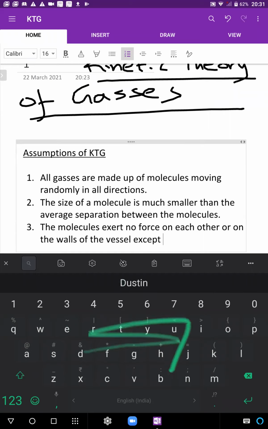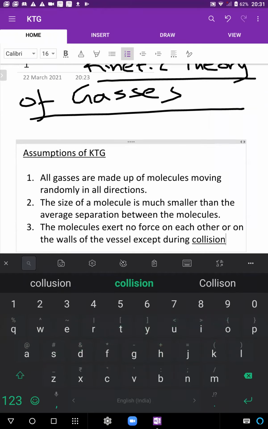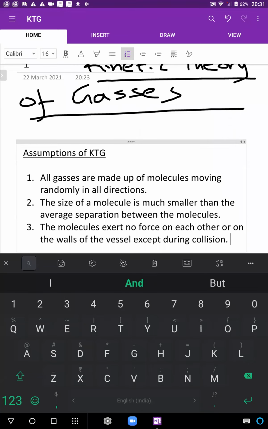This is also an assumption. Intermolecular forces are negligible. Molecules continue to move along their path until they collide with another molecule. Those are some assumptions we'll make.